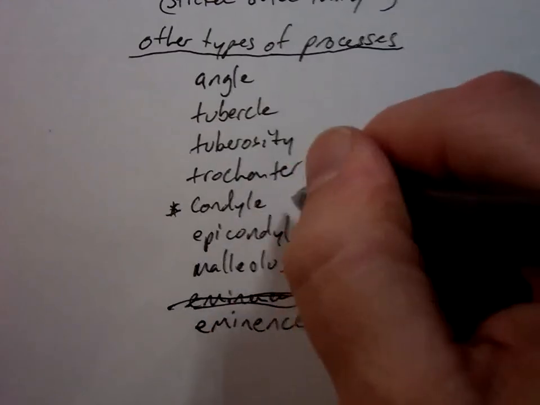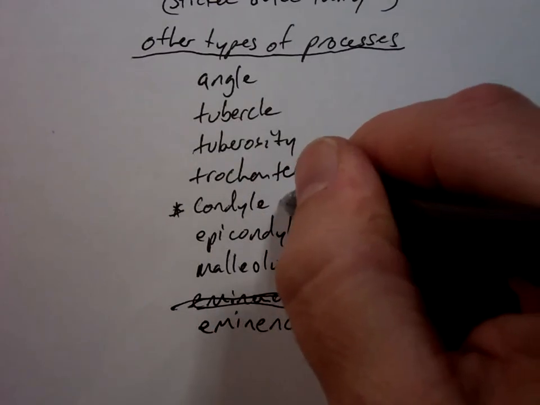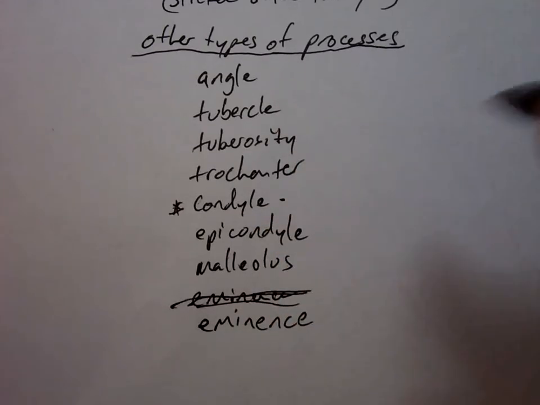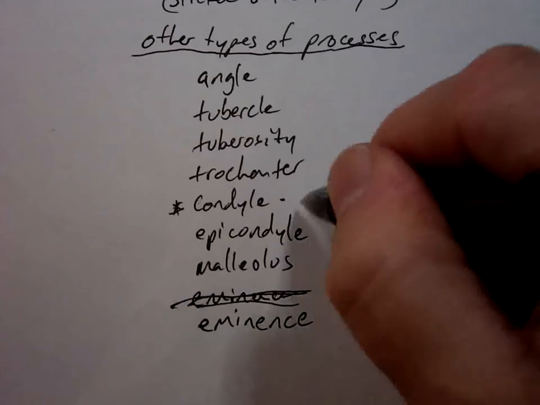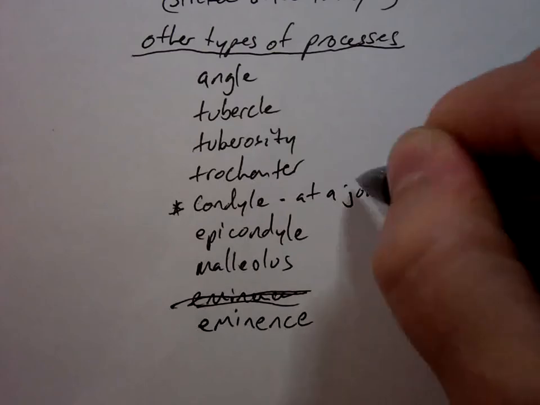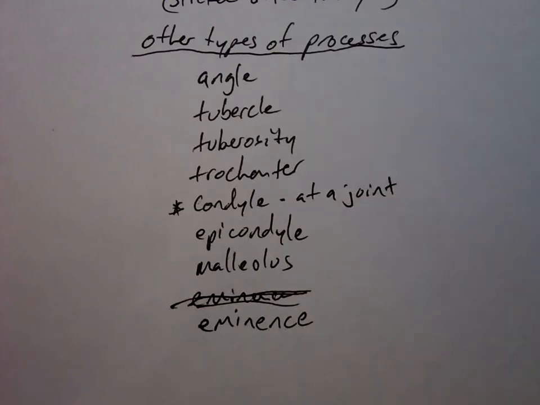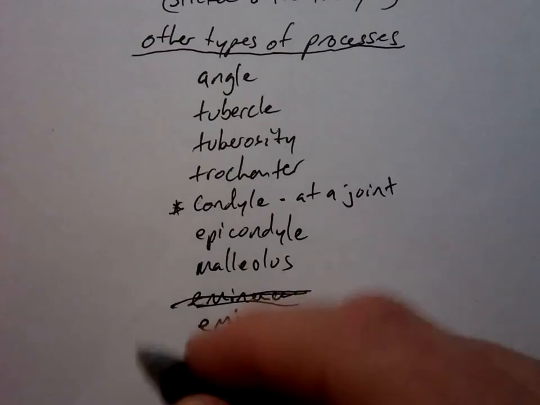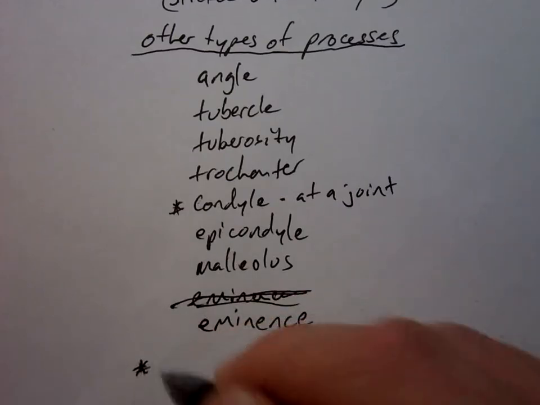These two right here, condyle and epicondyle, are near a joint of some kind. All right, so condyle is at a joint. It actually forms the joint. In fact, your femur connecting to your tibia are the condyles of the femur that touch, well, the cartilage, but then the condyles of the tibia, okay? And they're rounded projections at a joint, okay? I put the little clarification for the asterisk down here.